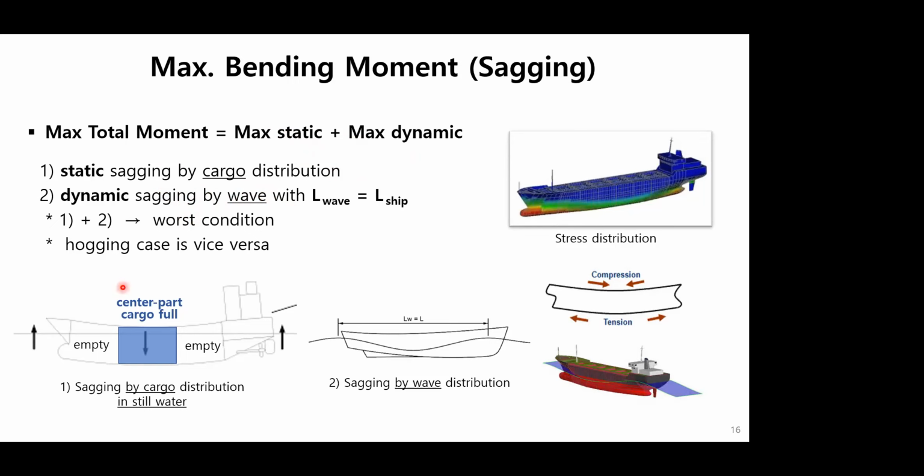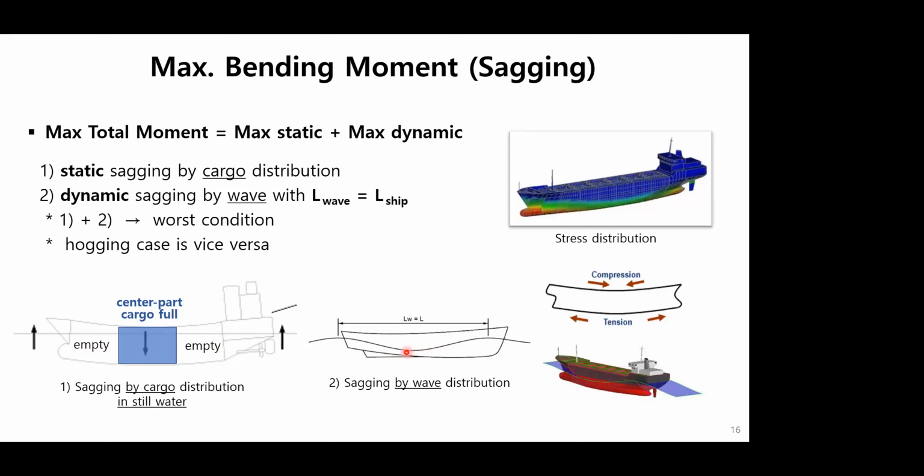The maximum static moment happens when the center area cargo hold is full and the other end part cargo is empty, like in this figure. Maximum dynamic moment happens when the ship encounters a wave whose length is about the same as the ship length, as I mentioned before.